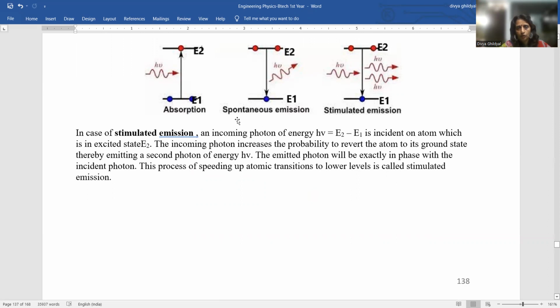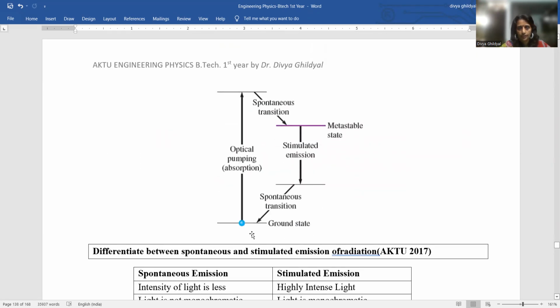The incoming photon increases the probability to revert the atom back to its ground state, thereby emitting a second photon, and the emitted photon will all be in phase with the incident photon. The process of speeding up atomic transitions to lower level is known as stimulated emission of radiation.